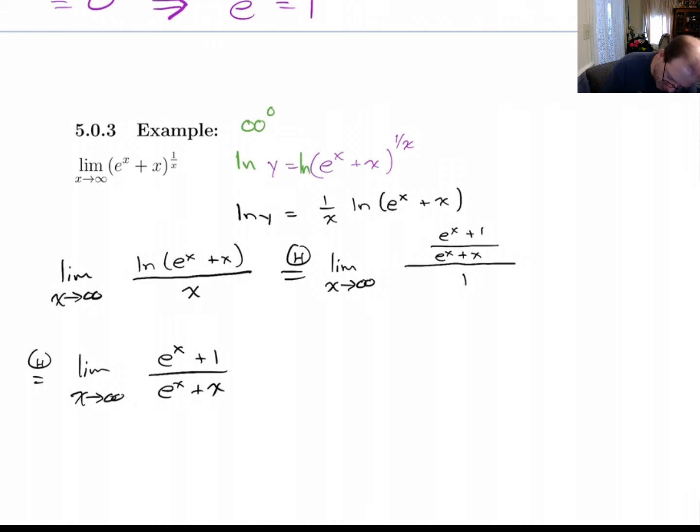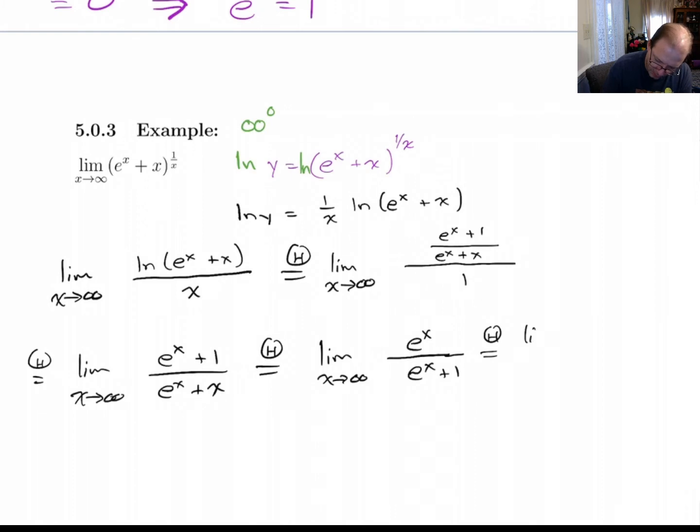But let's use L'Hopital's rule one more time just to show that this works. If you take the derivative of the top and bottom, the derivative of the top is e^x, the derivative of the bottom is e^x. We could do this one more time if we really wanted to. On top you get e^x, on the bottom you get e^x, and so that's just going to be 1.